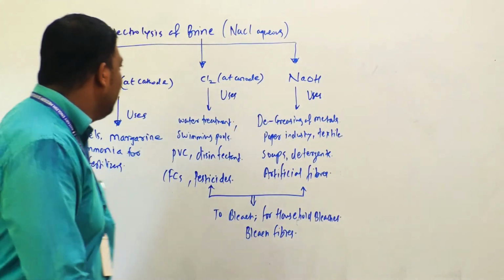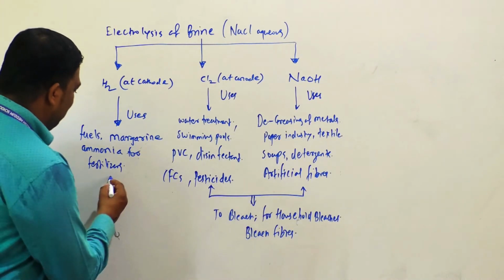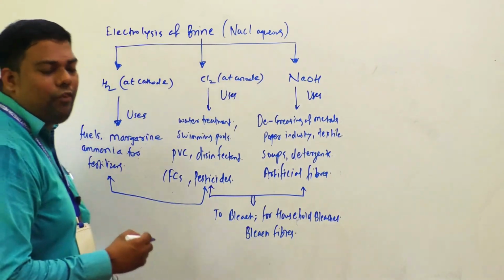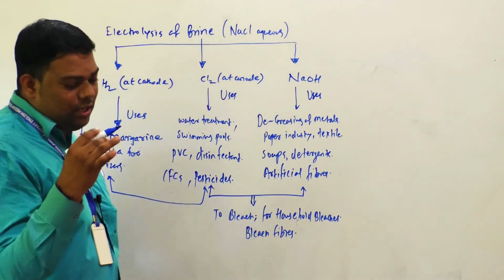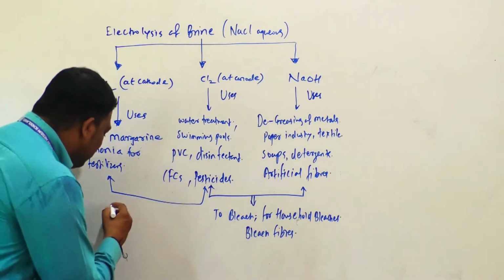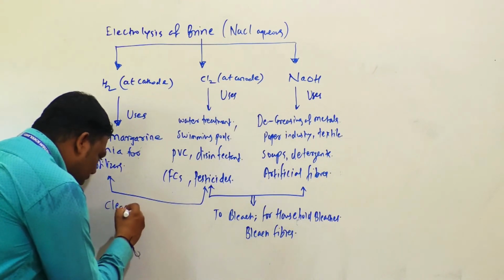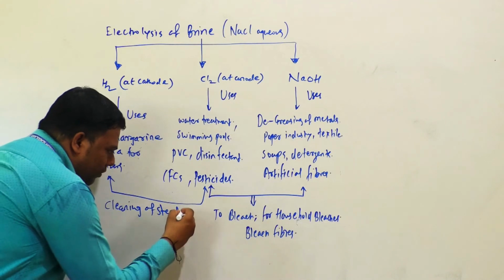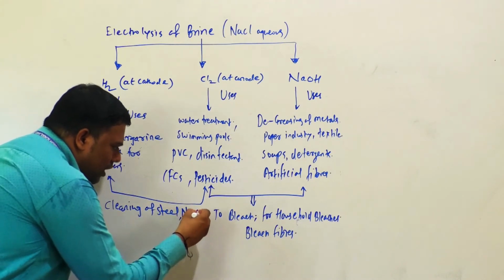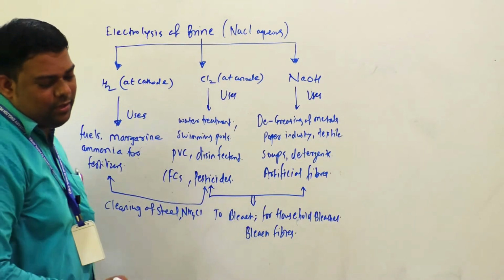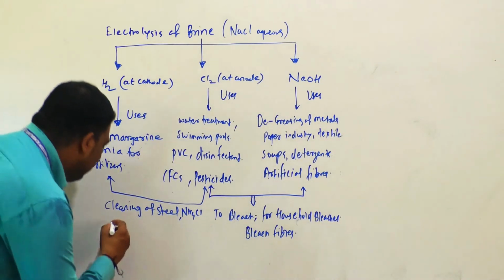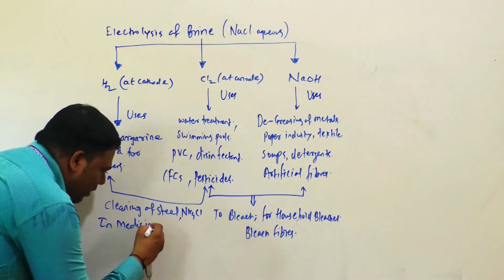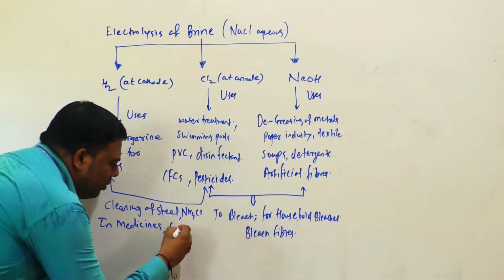Next, whatever your mixture of H2 and Cl2, where can we use this? In the manufacture of, first we will discuss here, cleaning of steel, in the manufacture of NH4Cl, ammonium chloride, in medicines, in cosmetics also.